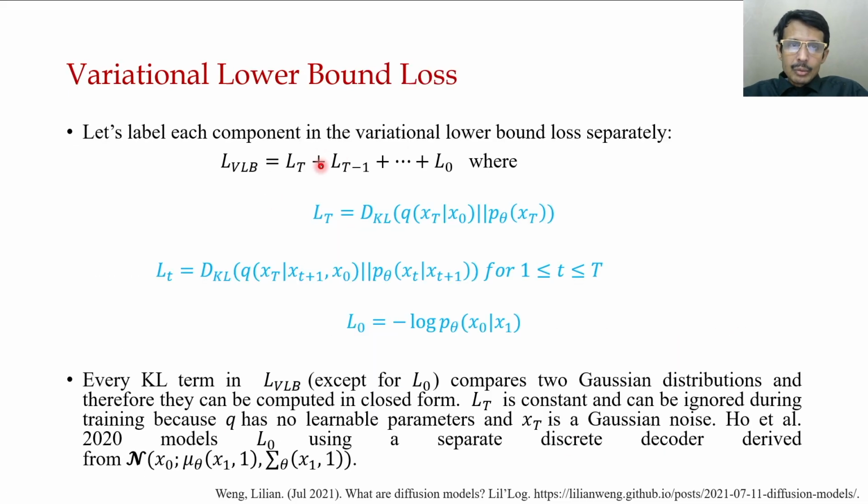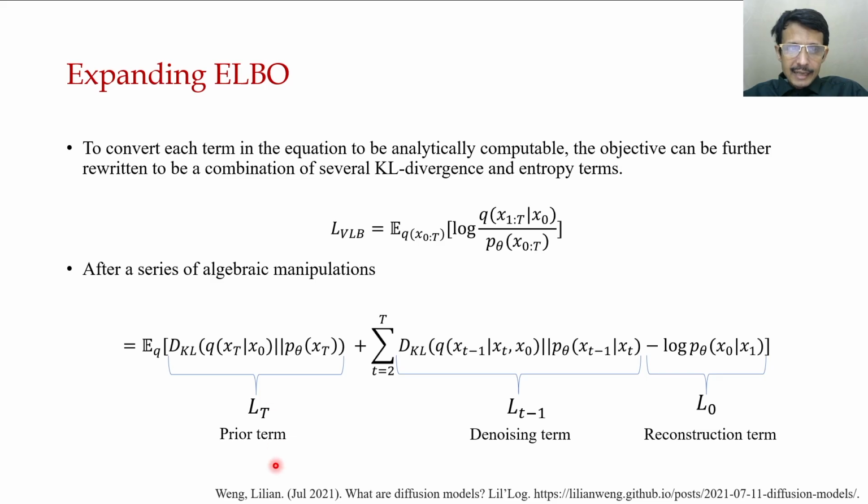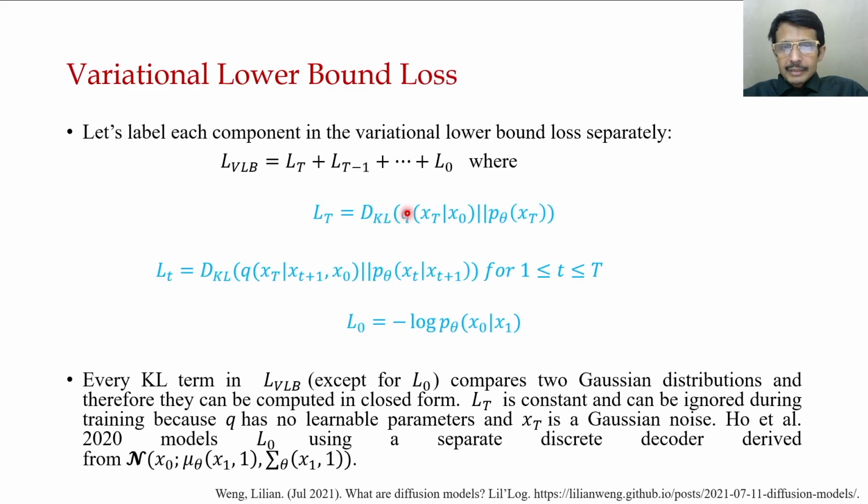Now here we can see that this VLB, this lower bound, is obtained by adding up terms at every step. So we label each component in the variational lower bound loss separately. What is this LT? This is the prior term, D of KL, that means the KL divergence between q and p theta.